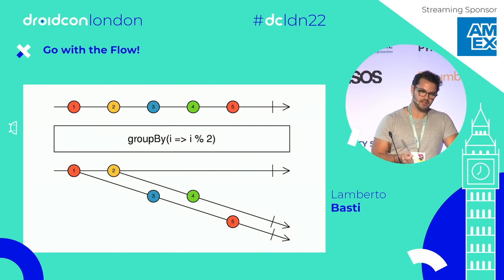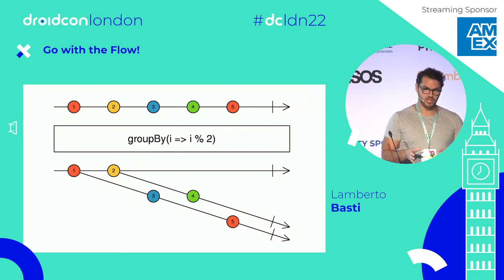So from the value, we generate a key, and then for each key, we emit a flow only once, and all the elements from the upstream that generate that key will be emitted in the specific flow of that key. It's harder to explain, but it's actually way easier to see what's going on.